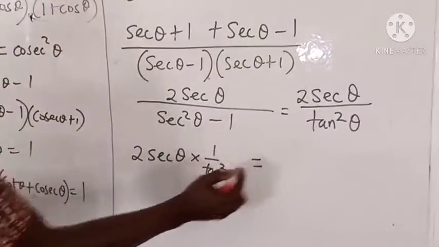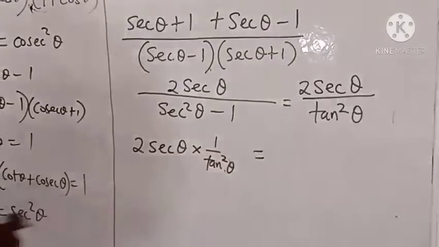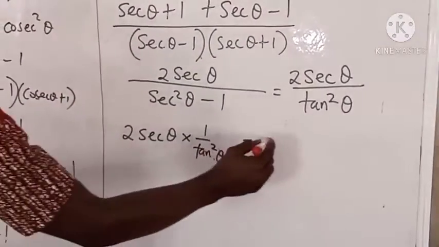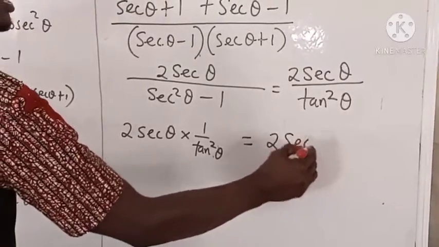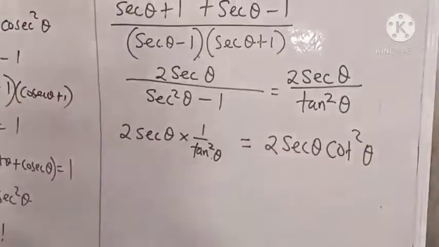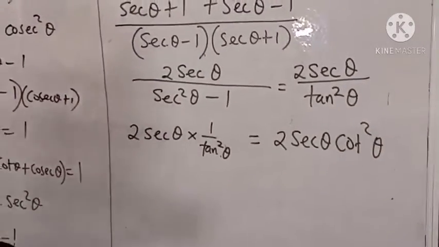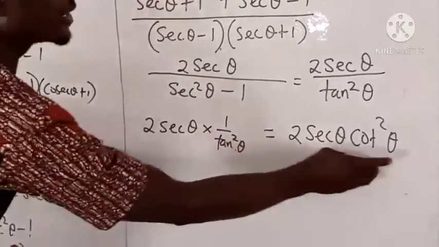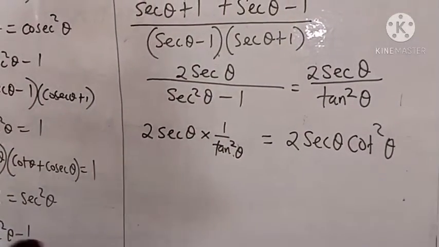And we know that the inverse of tan squared theta is cot squared theta. So this is the same as 2 sec theta cot squared theta. So you see, the fraction has been expressed in a straight form. It is no longer a fraction.